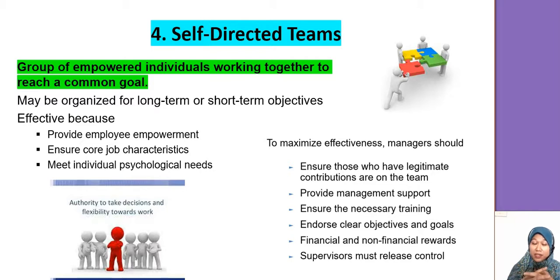They have the proper skill and the proper training to do the job, so the autonomy or decision making is done by the team. To maximize the effectiveness of a self-directed team, when you already have one in your organization, you don't have to worry about them. They can manage and do the things that they need to do. The supervisor can release their control, so the team can make their own decisions.